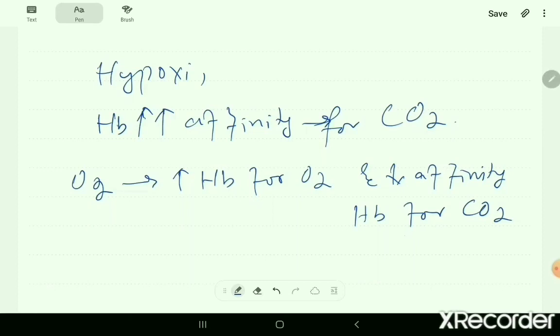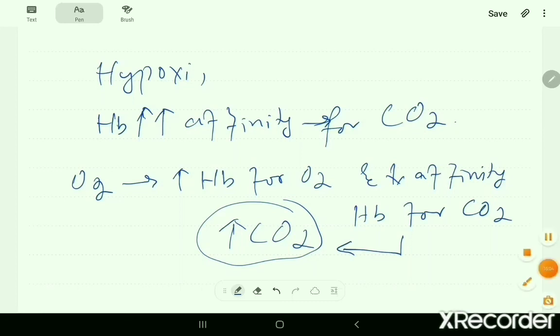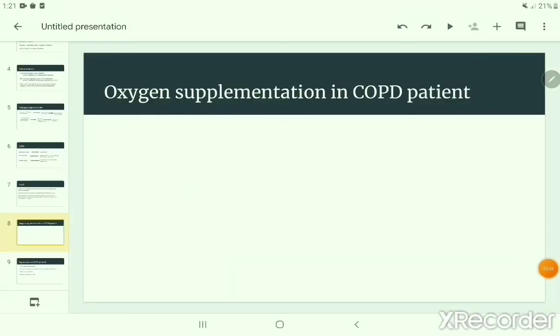So because of this decrease in affinity for carbon dioxide, there will be increased carbon dioxide in the tissue. So this is another way in which carbon dioxide is increased in the body. So these are three mechanisms which cause carbon dioxide retention in a COPD patient by supplementation of oxygen.